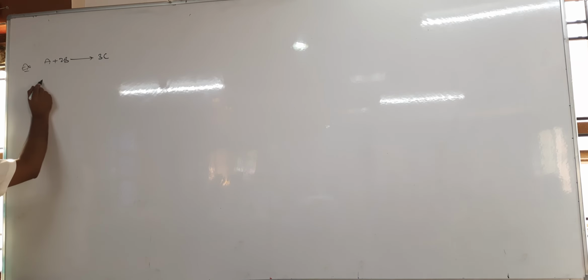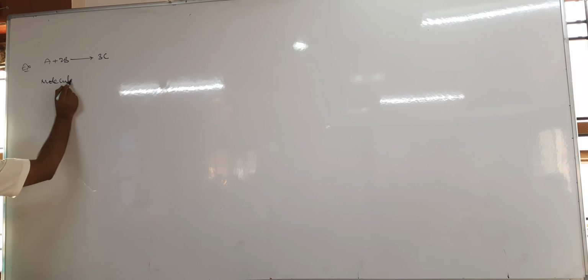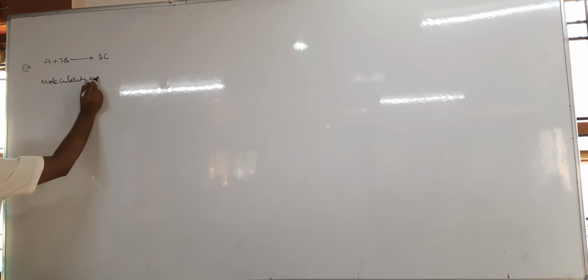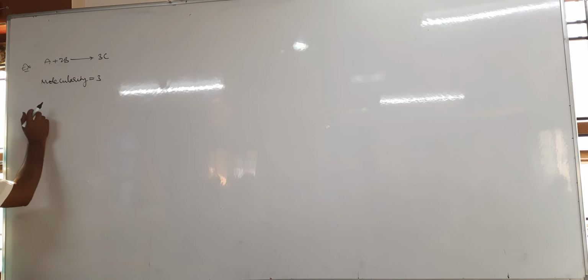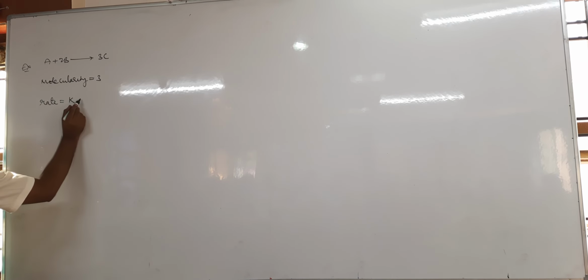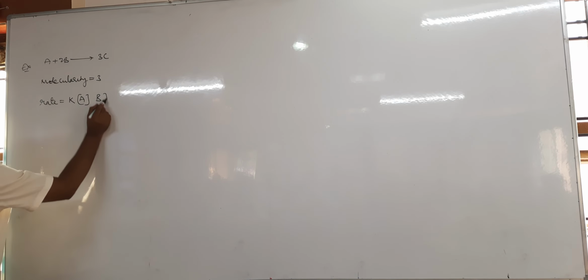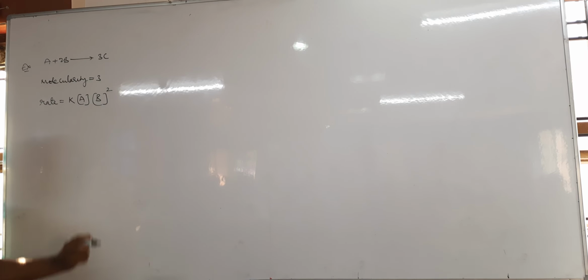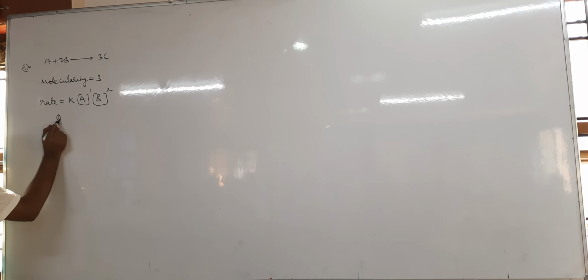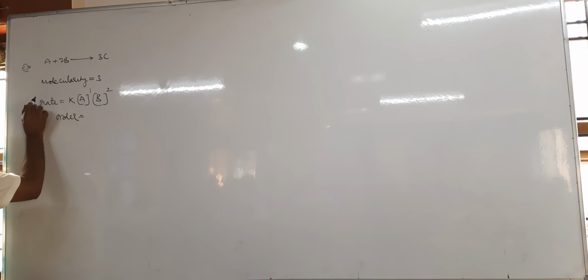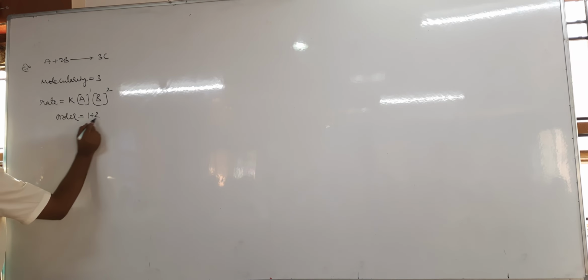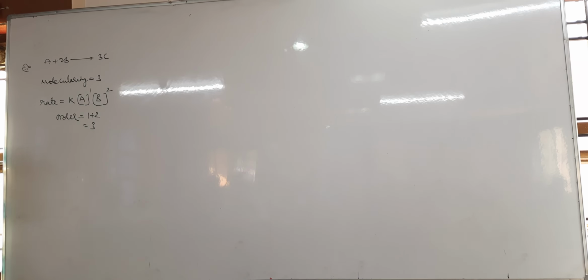Molecularity can be calculated. It is 3. Suppose I write the rate equation, rate equals k into [A] power 1 [B] power 2. Tell me now, what is the order? If I write this equation, then you can say it is 1 plus 2 equals 3.